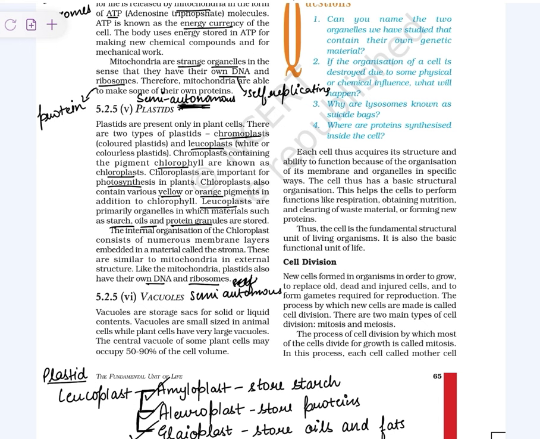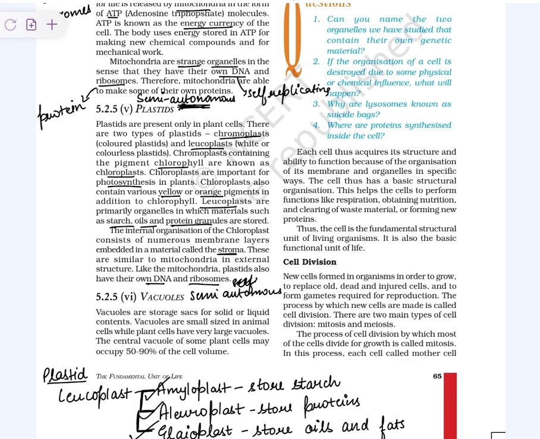Also, chloroplast structure is similar to the mitochondria, not actually, but a few things are similar. First is that it is also a double membrane bound organelle, and the next is that it has its own DNA, its own ribosomes. Now, what is stroma? There is a term here, stroma. So actually, it is a matrix inside the chloroplast organelle, and inside that matrix there are layers which are stacked on each other.